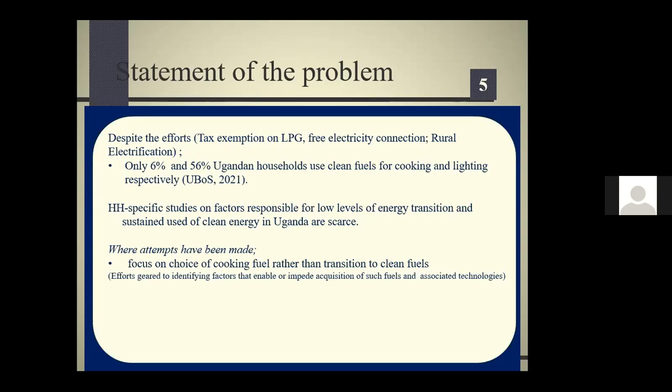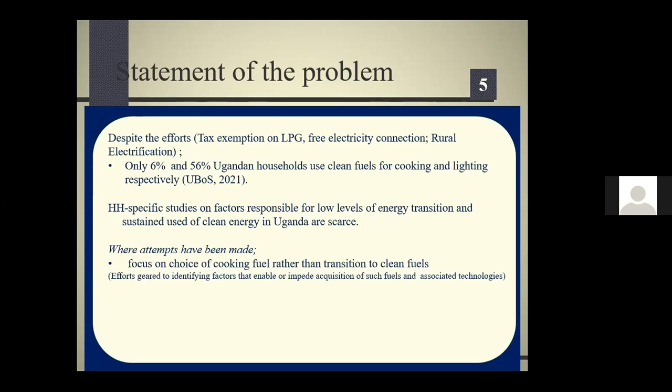And so the focus has been that we are trying as much as possible to study the factors that influence the choice of the energy fuel, such that we are interested in looking at what factors can enable or impede the acquisition of that kind of fuel first and the associated technologies. So this takes us away from the ideal situation that should be the transition to the clean fuel.